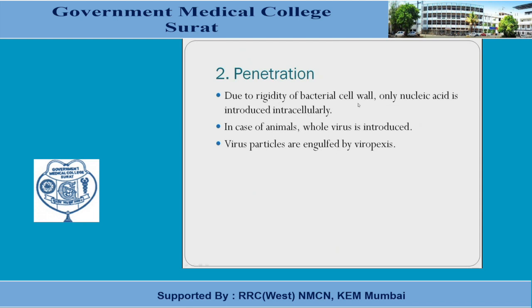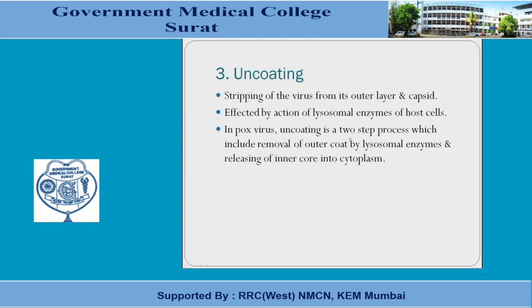Due to the rigidity of the bacterial cell wall, only the nucleic acid is introduced intracellularly, right? The surrounding structure will not enter. In the case of animal cells, the whole virus is introduced. This is important. Virus particles are engulfed by viropexis. Then uncoating is the stripping of the virus from its outer layer and capsid, effected by the lysosomal enzymes of the host cell.